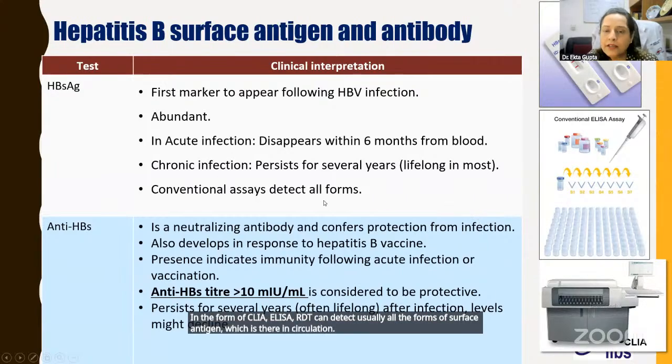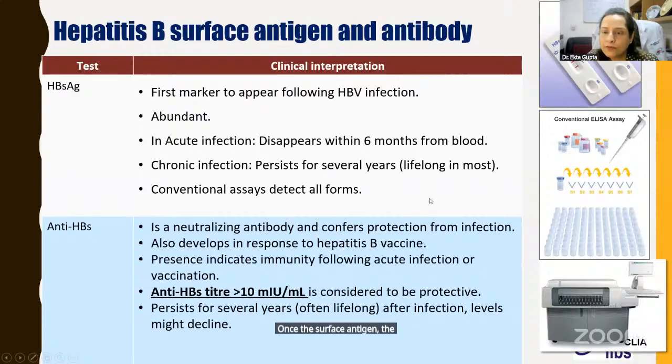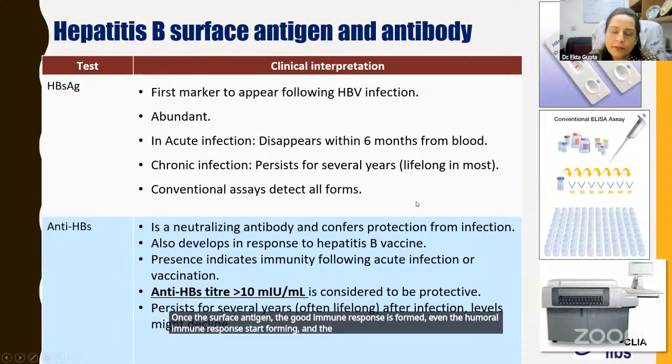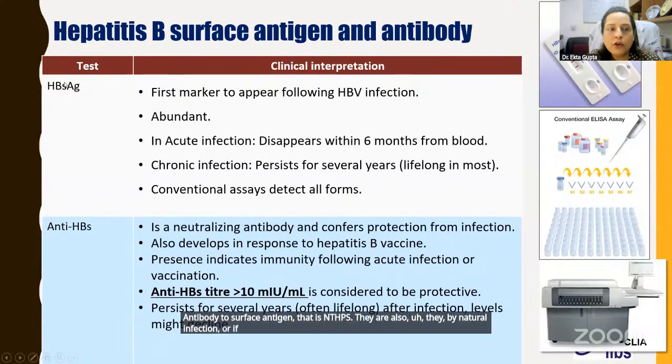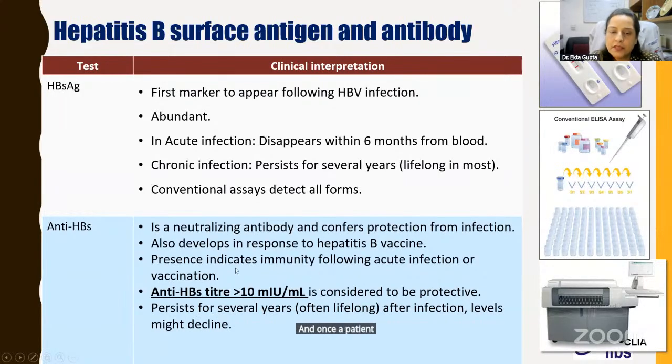Once the good immune response is formed, the humoral immune response starts forming and neutralizing antibodies are formed. These neutralizing antibodies are known as antibody to surface antigen, anti-HBs. They are formed by natural infection, or if you use a recombinant part of it to develop a vaccine, then again these antibodies are formed. And once a patient starts forming these, that tells you that you are immune to the infection.